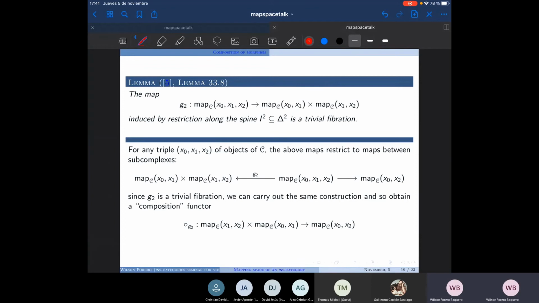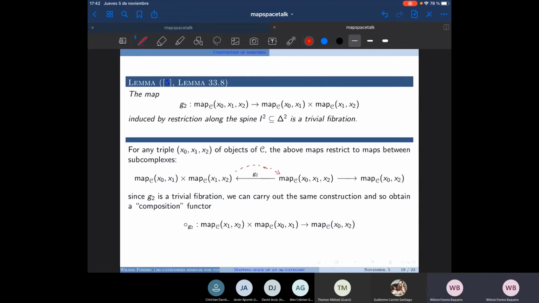Now we need to do the same, but only take 3 objects inside the category C. So the lemma says to take 3 objects and restrict that construction, and that construction again is a trivial fibration. And we can apply again the same arguments to construct a section of G2.